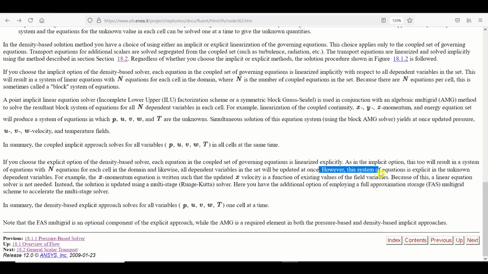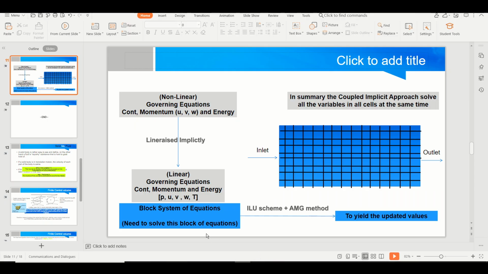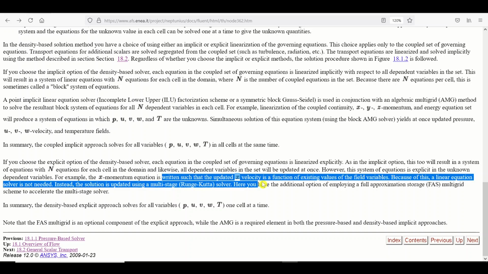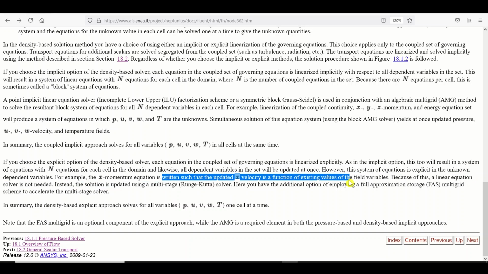However, I mentioned to you that this system of equations what we have attained after linearizing, right, is explicit in the unknown dependent variables. We will see what it is. For example, the x momentum equation is written such that the updated x velocity is a function of existing value only, right?